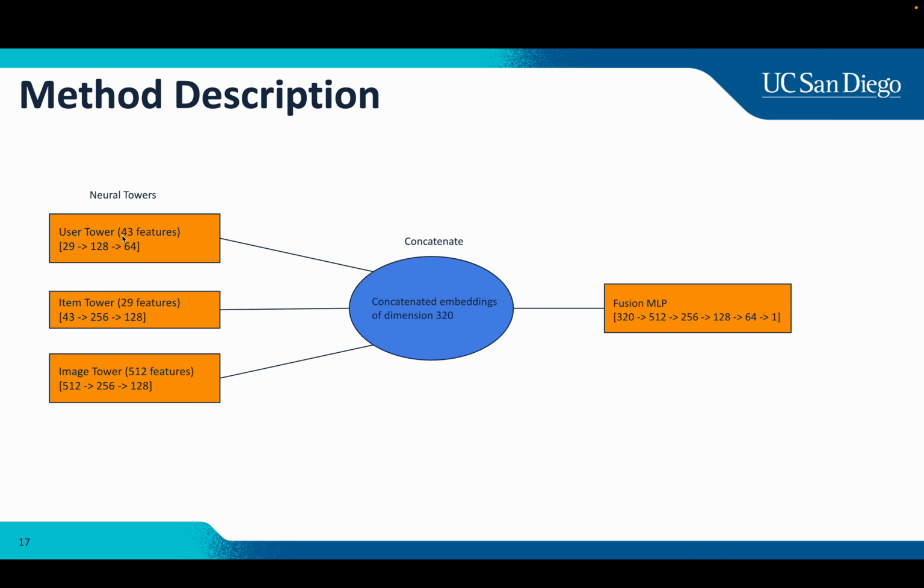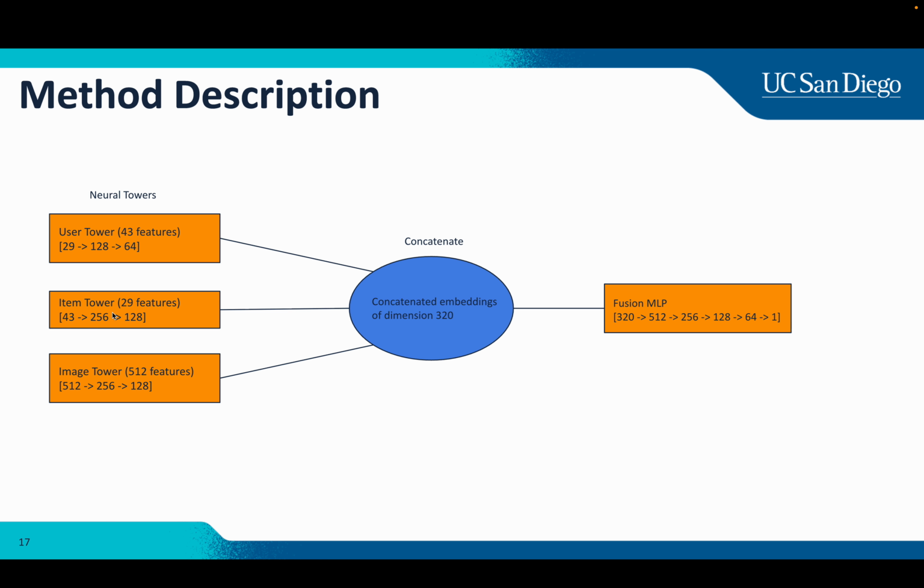This was basically 43 to 256 and 128. This is the item tower, which started with 29 features, and for the model it scaled up to a 128 sized MLP, and then gives out an embedding size of 64 dimension. So this is the item tower which gives out the 64 dimension embedding.